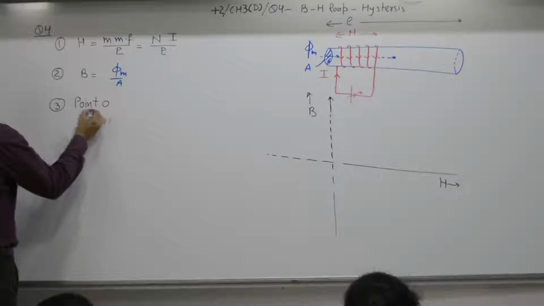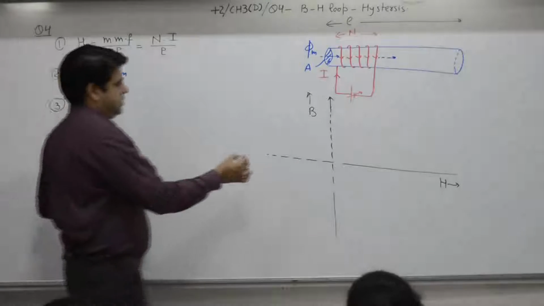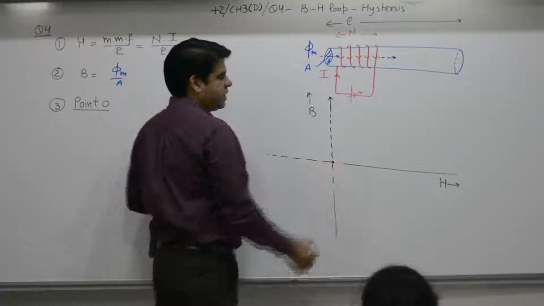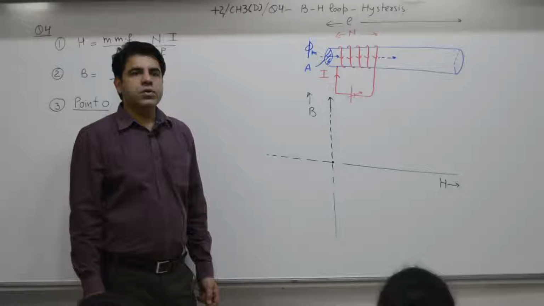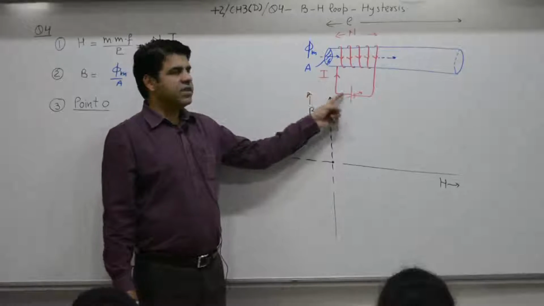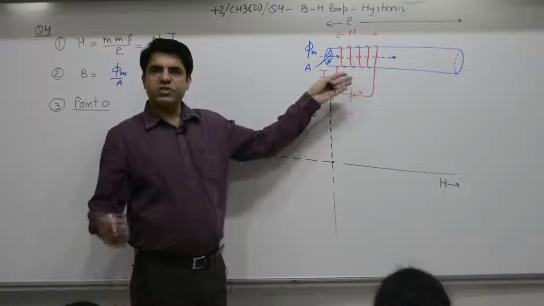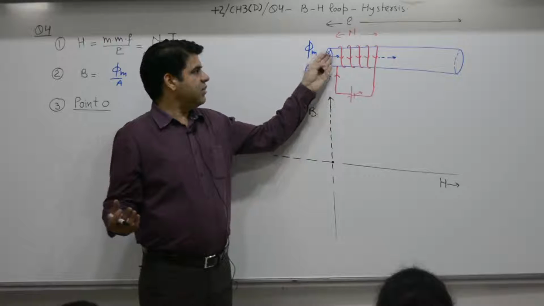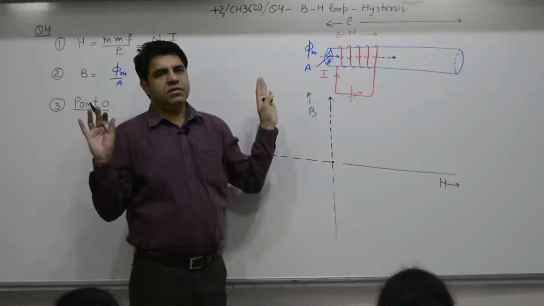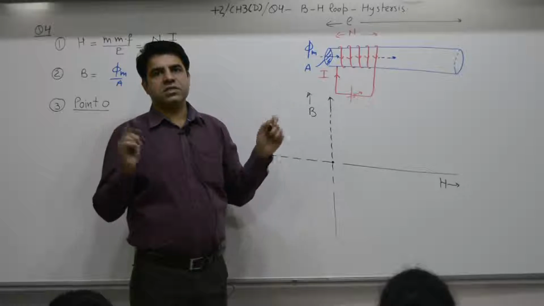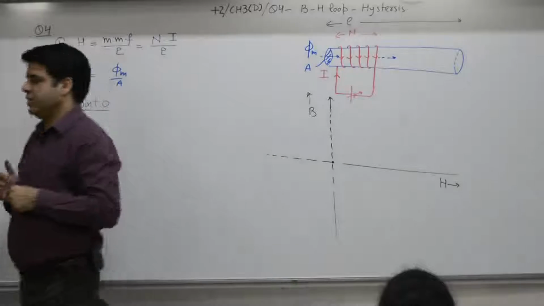Point O. Yes, this point corresponds to what? What is the value of H? 0. There is no current flowing, there is no battery connected. Current flowing is 0, so H is equal to 0. What is the value of flux at this point?